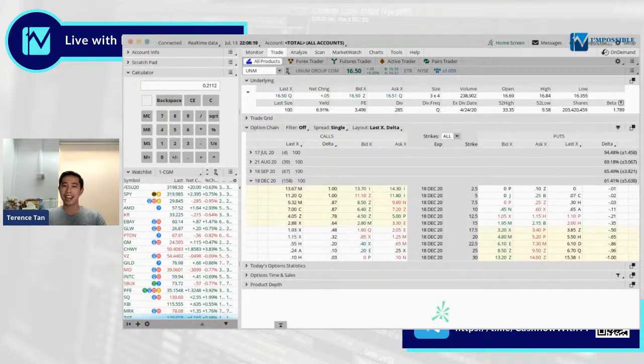Some of you are running ahead of me. I can see the price changing here. That's perfectly fine, no worries about it. I just want to get the trade done and filled.